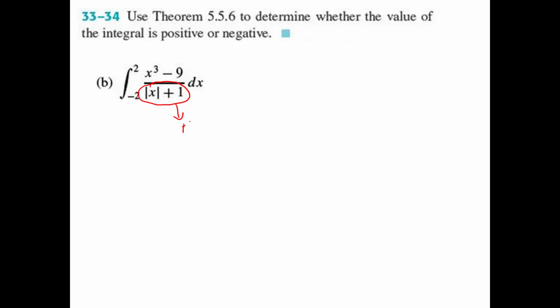In between, I'm sorry, at -2, you also get -8 minus 9. That's also negative. And so then you can see that this right here is always going to be negative. And so then a negative divided by a positive is going to be a negative. So then x cubed minus 9 over the absolute value of x plus 1 is less than 0 on the interval. Not always, but on the interval from -2 to 2.